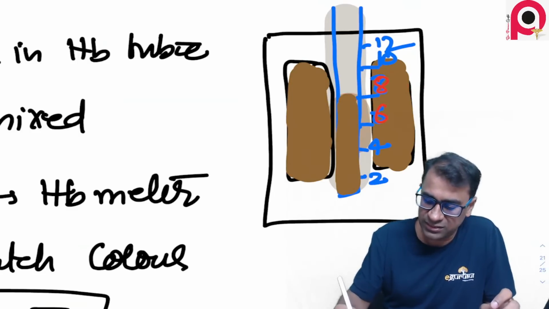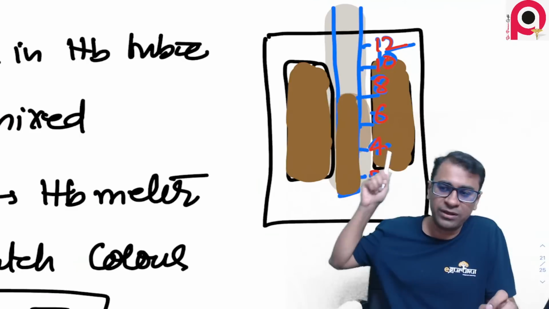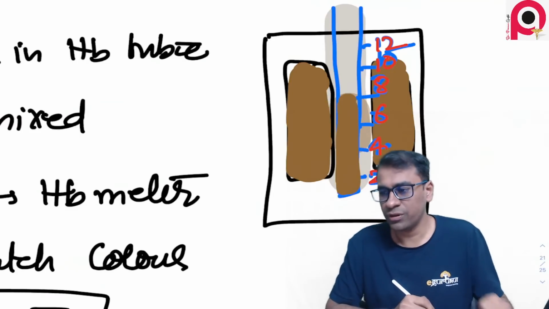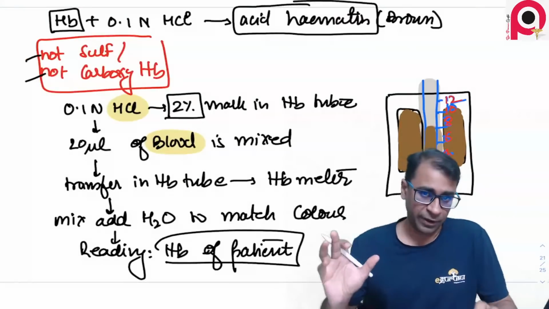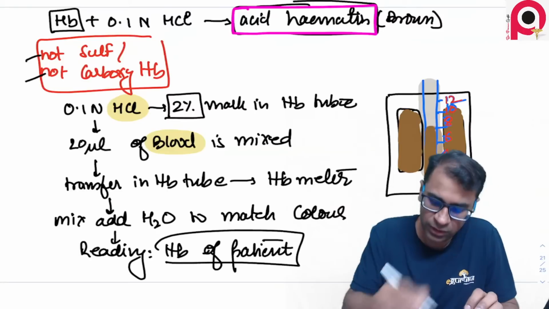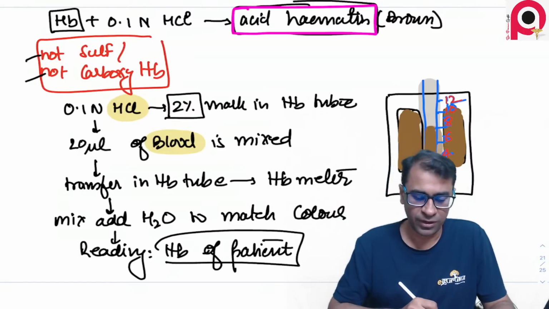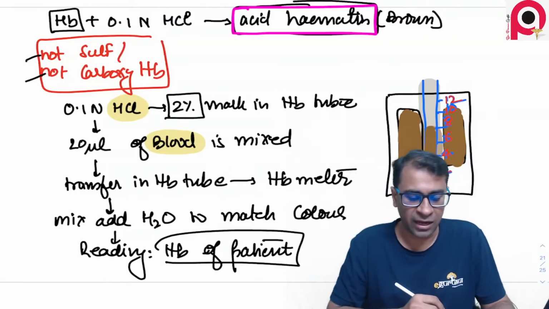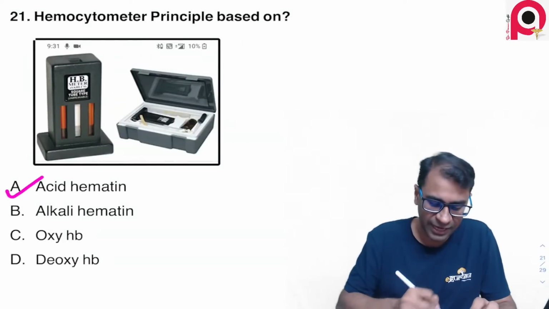At whichever level the color of this tube matches the surrounding color, that is the hemoglobin. The basic principle is acid hematin, which is brown in color. It cannot measure sulfhemoglobin and carboxyhemoglobin. So this answer is acid hematin.